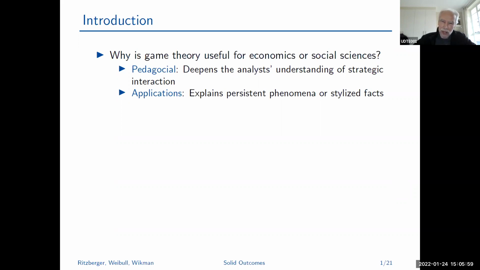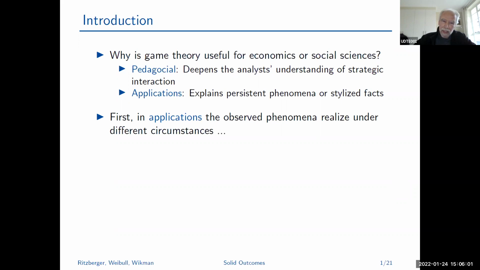And when you think about applications, you realize that what you're trying to explain is typically a phenomenon that realizes under a variety of different circumstances. So it is a phenomenon that must be robust to the details of what happens, right? Because otherwise we wouldn't see it so often in the real world.